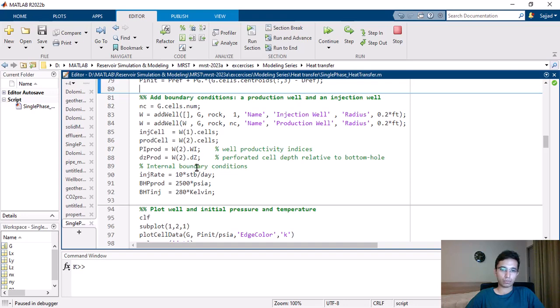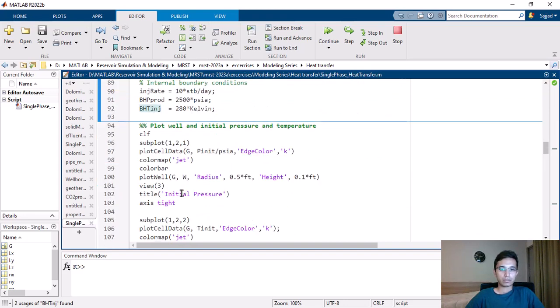You already know how they're defined. The injection rate is this, and the bottom hole pressure of the production well is this value, and the bottom hole temperature of the injection well is this value.